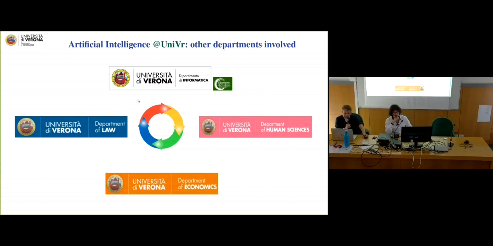The degree has been developed at the Department of Computer Science, but in collaboration also with other departments of the University of Verona, in particular the Department of Law, Economics, and Human Sciences.